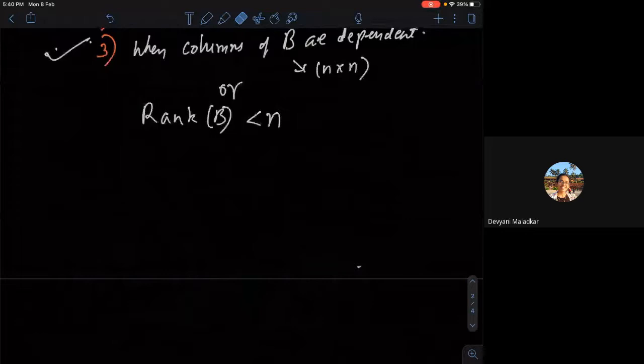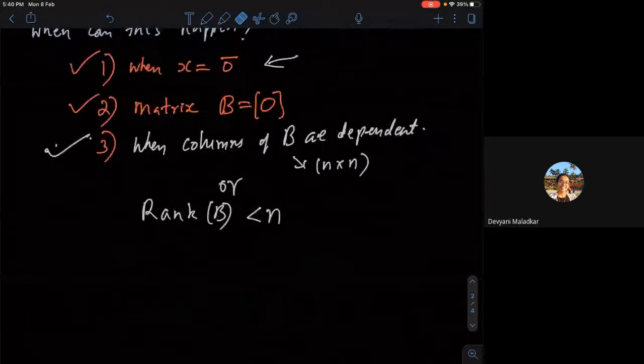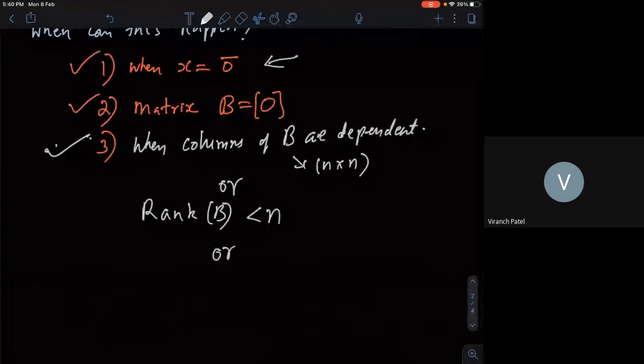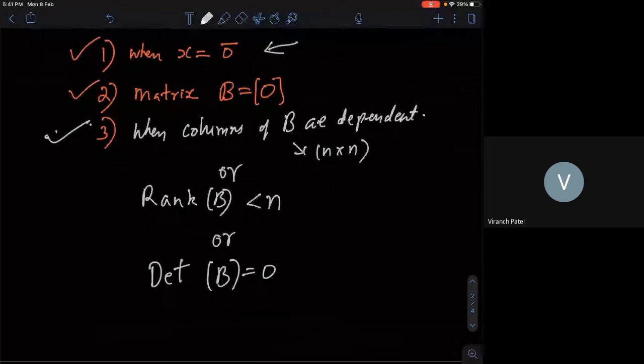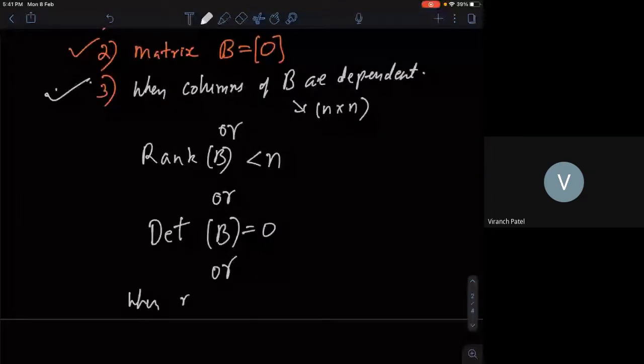If the rank is less than n, what can you say? The determinant of B is 0. See, these are all equivalent notions. Or you can say the rows of B are dependent. So these are all equivalent notions.